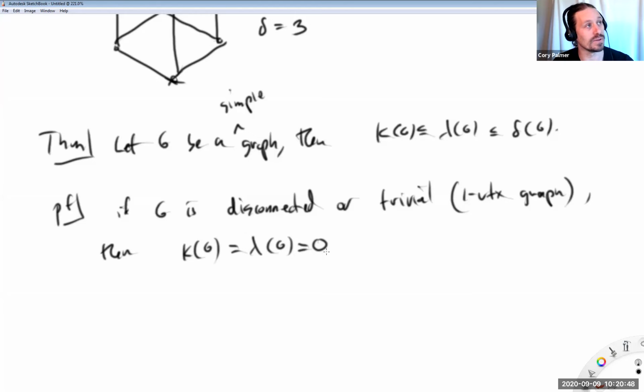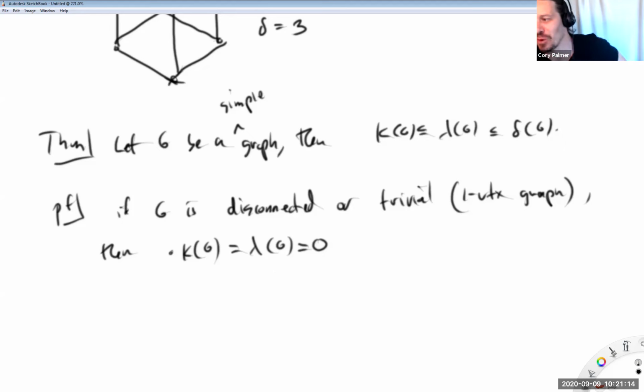Actually, let me think here for a second. The original definition I gave you, that it's safe under the removal of k minus 1 vertices, does not really work well in this case, because safe under the removal of -1 vertices is totally nonsensical. So there you should use the alternate definition, which is that you need to remove at least 0 vertices to disconnect it. Well, it's already disconnected, okay?